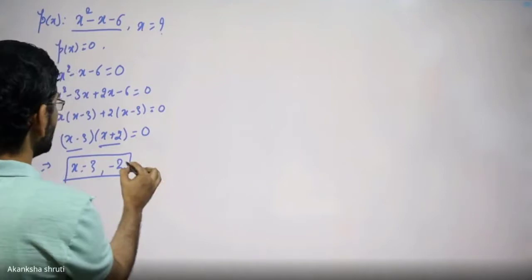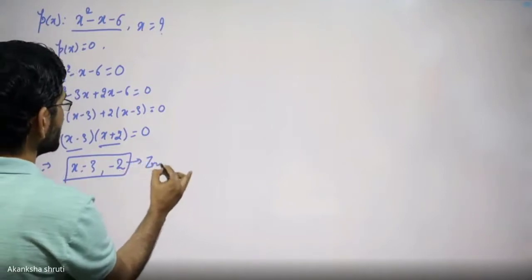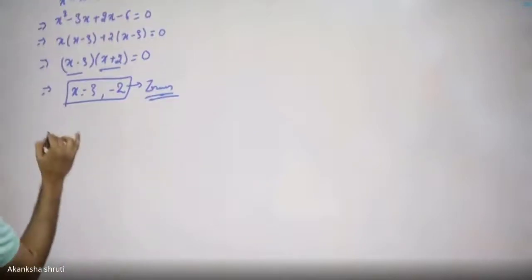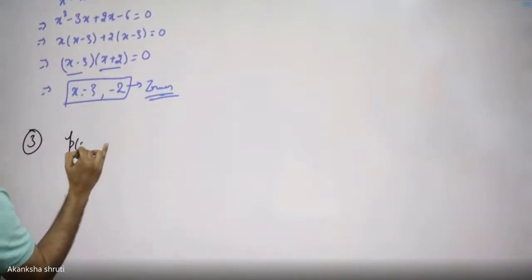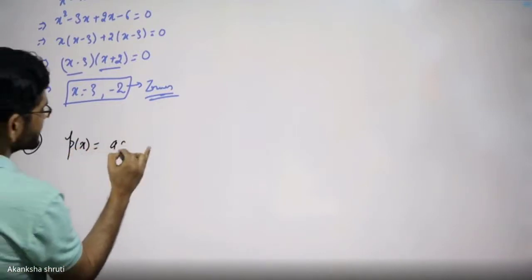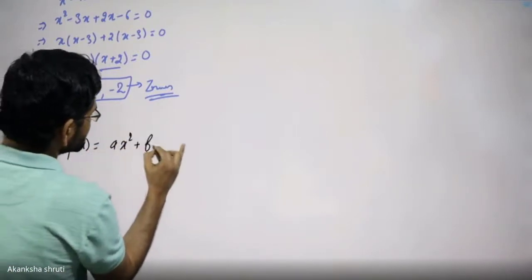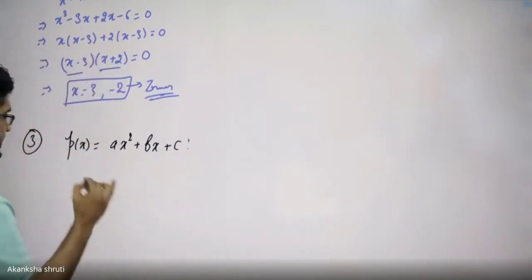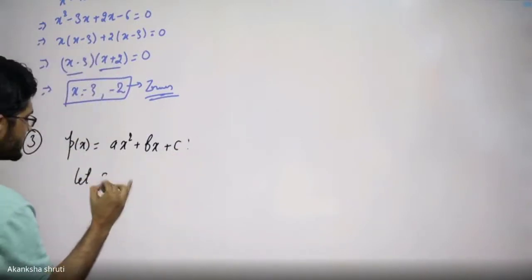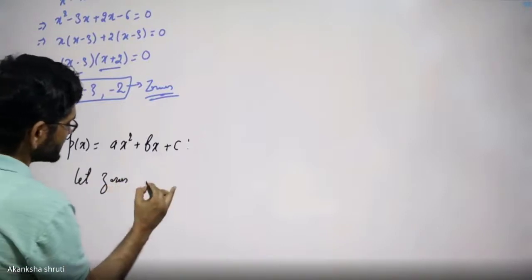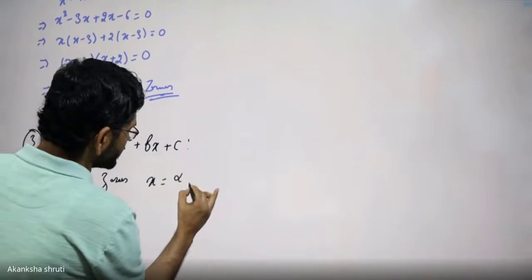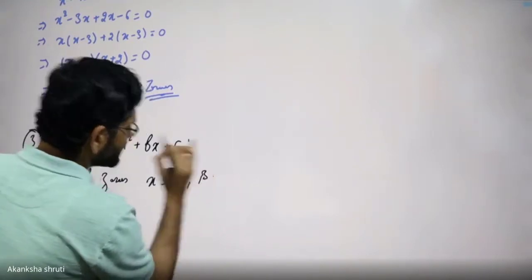So these are the zeros. This is the meaning of zeros. Students, for a quadratic polynomial p(x), that is ax square plus bx plus c, if we consider their zeros, meaning the values of x, let the two values, one we denote by alpha and the other by beta.